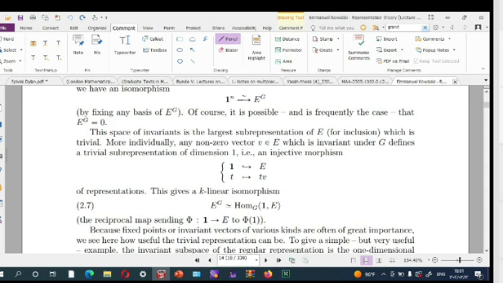More precisely, any non-zero vector V which is invariant under G defines a trivial sub-representation of dimension 1, i.e. an injective morphism by this.